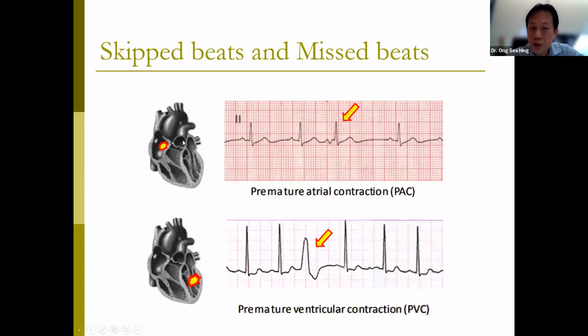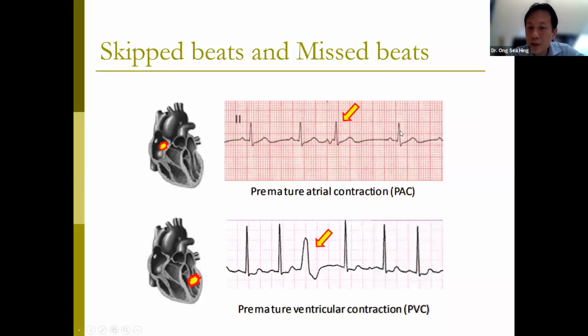Therefore, if the ectopic electricity starts from the atrium, it will still go down the His bundle and the bundle branches in the same way as a normal sinus node P wave, and therefore the QRS remains narrow and the same. So that's a premature atrial contraction.